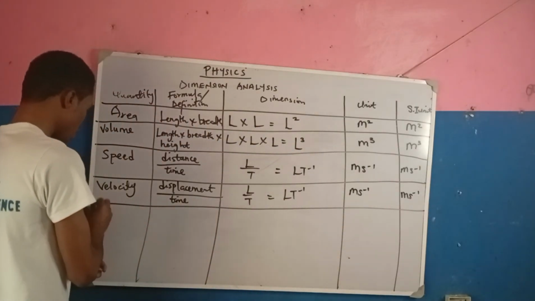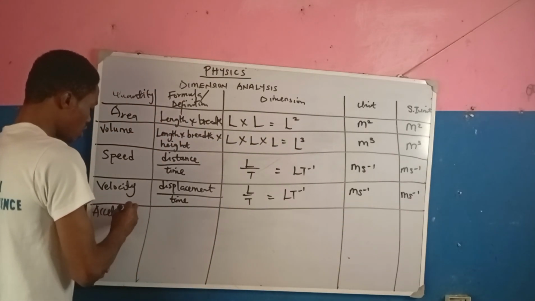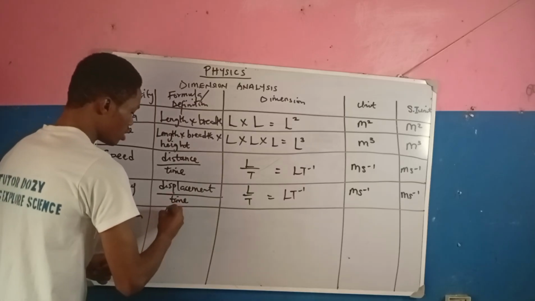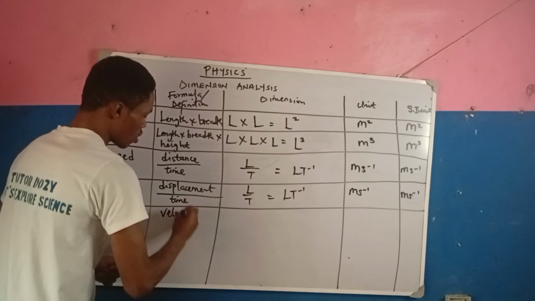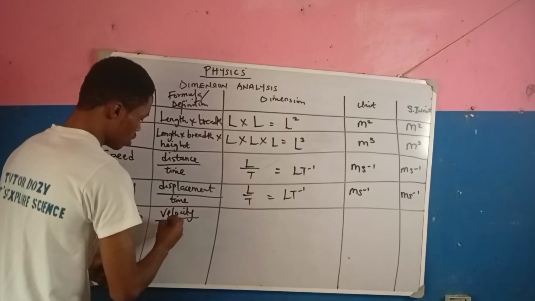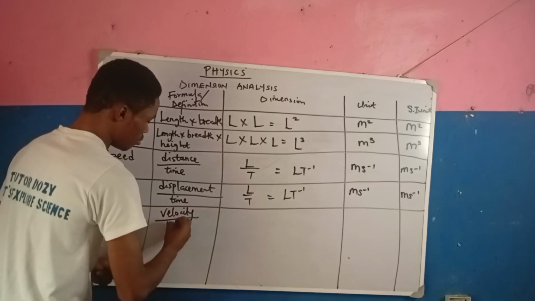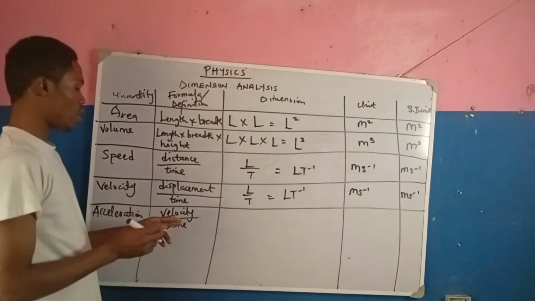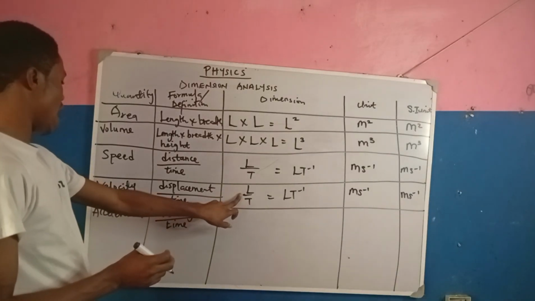Next one we have acceleration. Acceleration equals velocity over time. This is the formula for acceleration. Now we have gotten our velocity to be L over T, right?